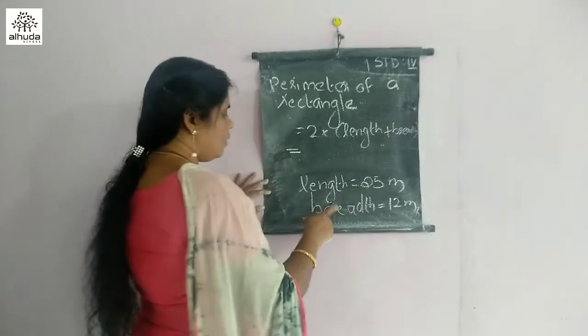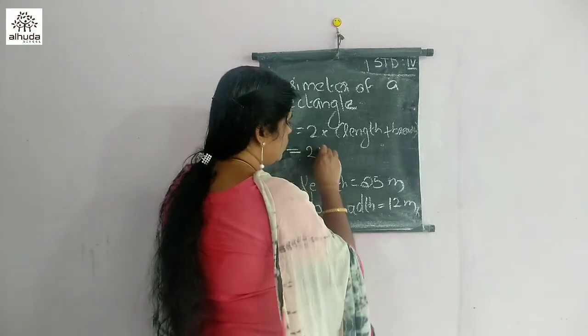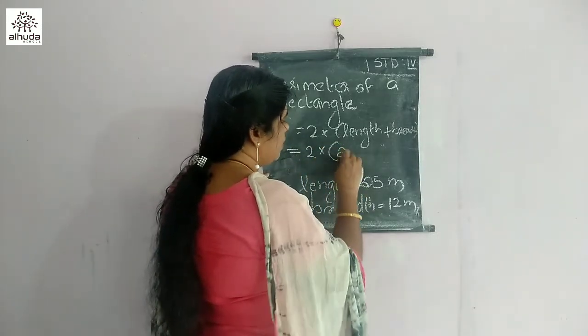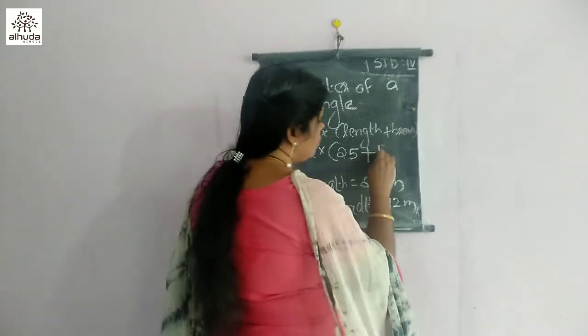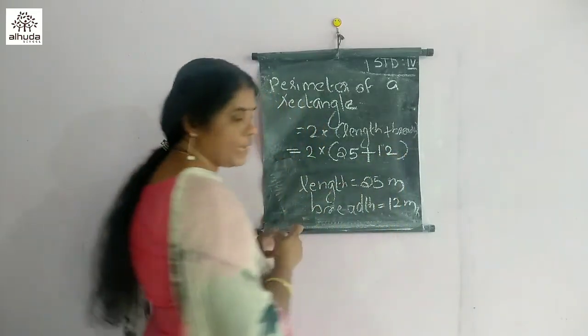So here, 2 into (length given 25 plus breadth given 12), 25 plus 12.